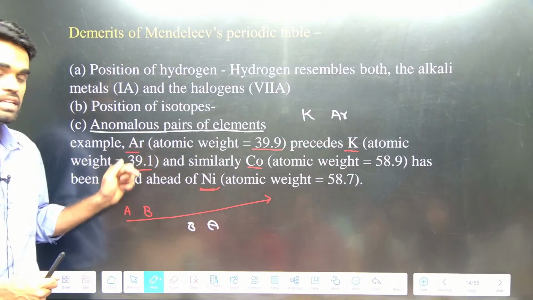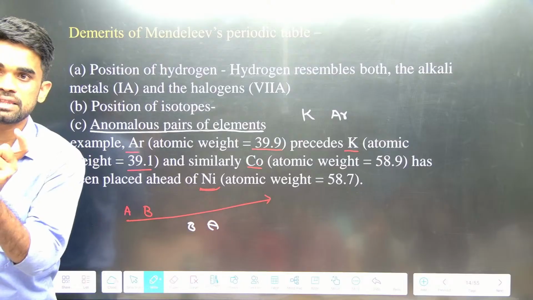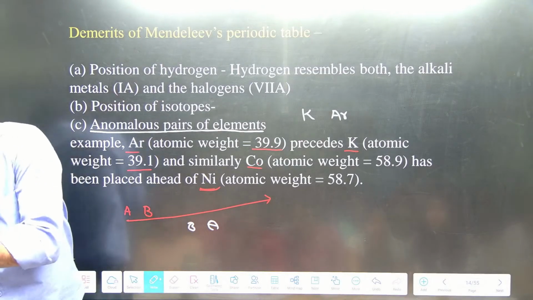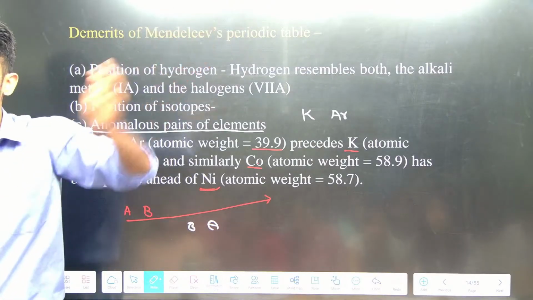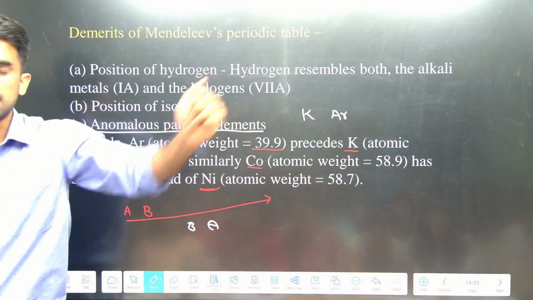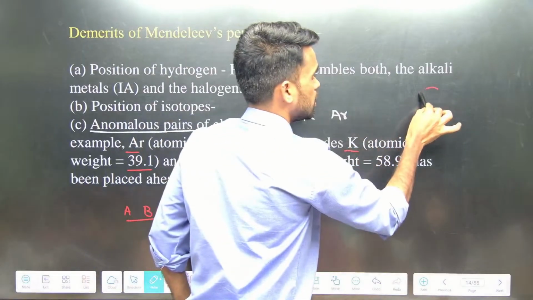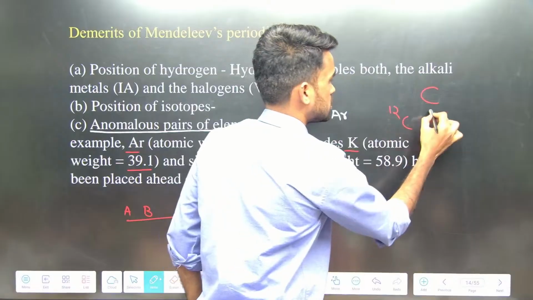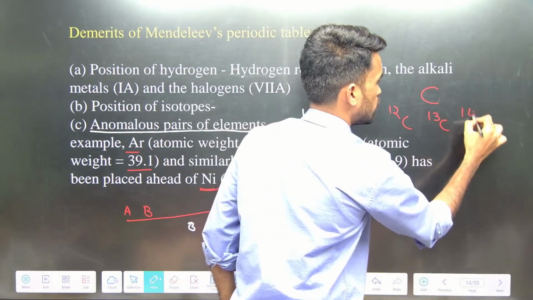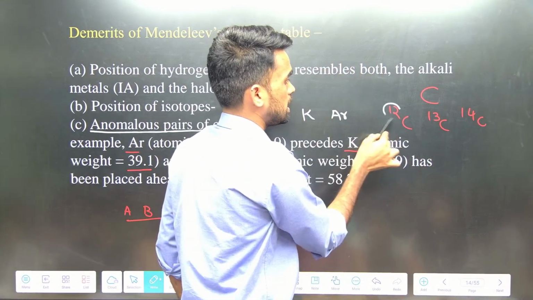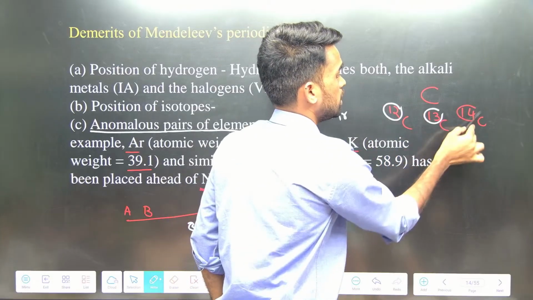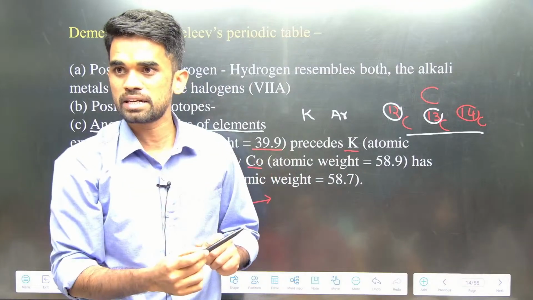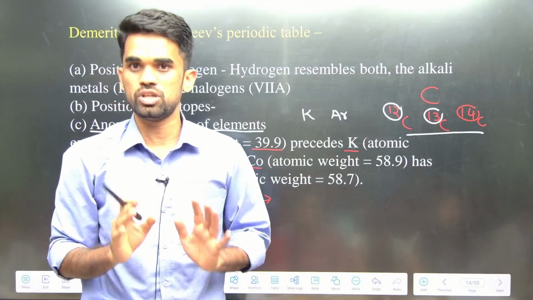Not only this, what is the basic fundamental thing he considered? Atomic weight. It means different atomic weights should be allocated different positions. Now see, for carbon, how many isotopes are possible? C12, C13, C14. The atomic weights are 12, 13, 14, so these three isotopes should have separate positions in the periodic table, but he gave only one single position.